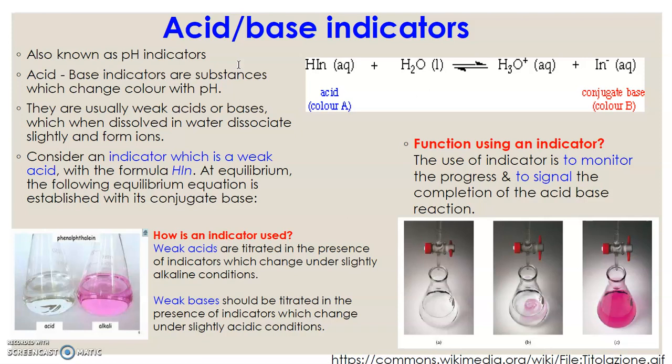Acid-base titration is a method of quantitative analysis for determining the concentration of an acid or base by exactly neutralizing it with a standard solution of base or acid having a known concentration, which is normally placed in your burette.